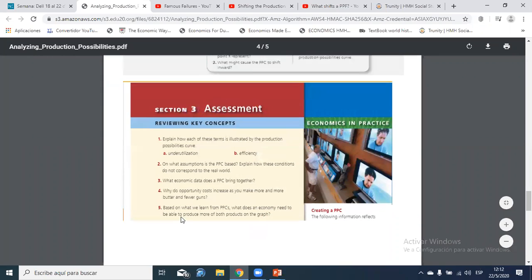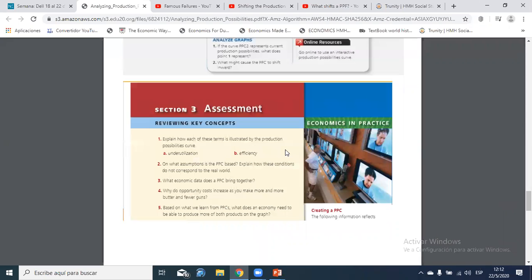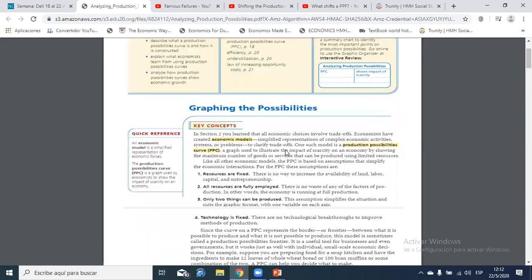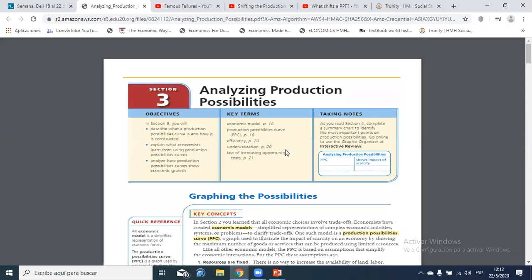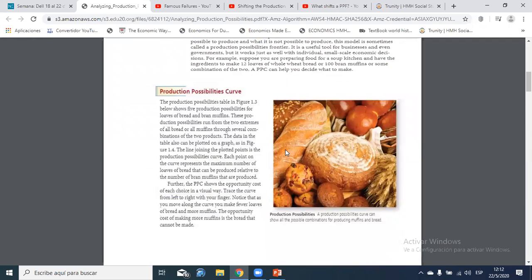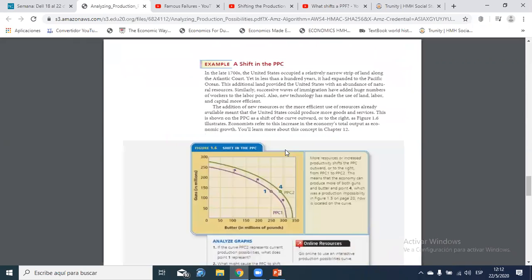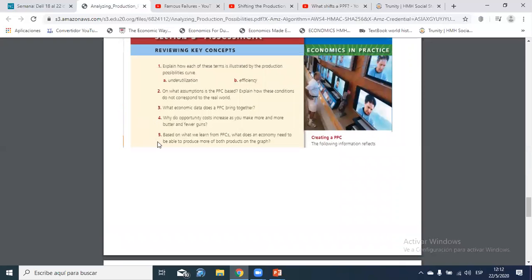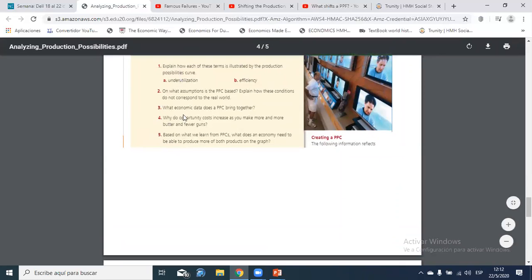Only answer these questions. They are very, very easy to answer if you study this document. If you don't study this document, then you won't be able to answer those questions over here at the end in the assessment section. Remember, questions 1, 2, 3, 4, and 5. Only these questions answered in your notebook.